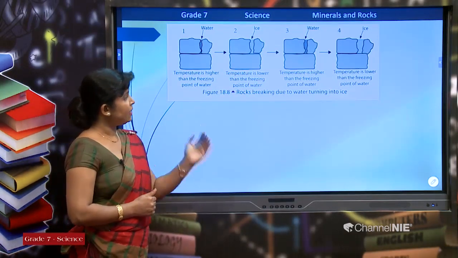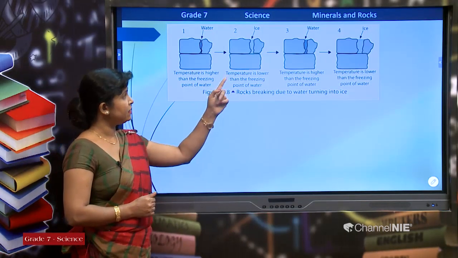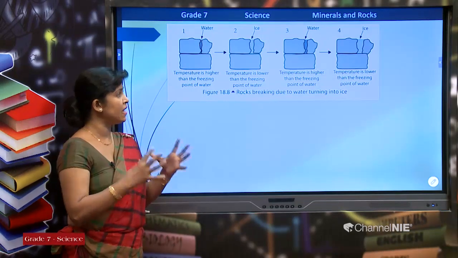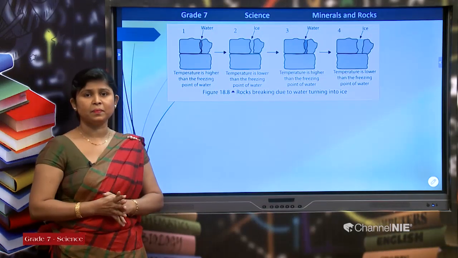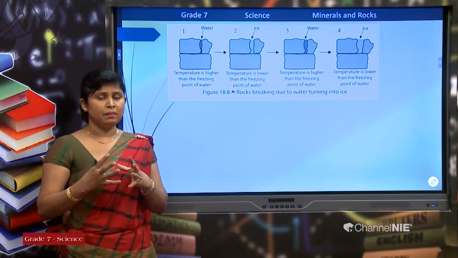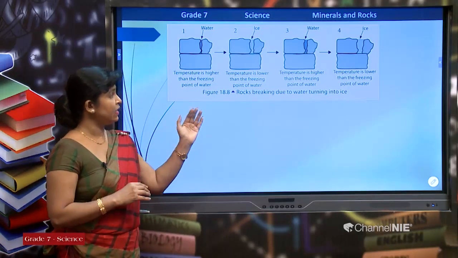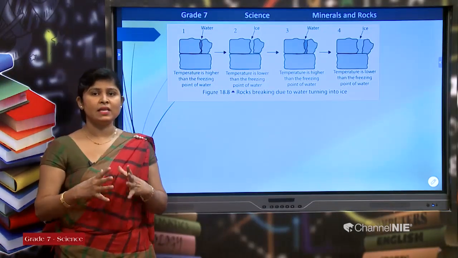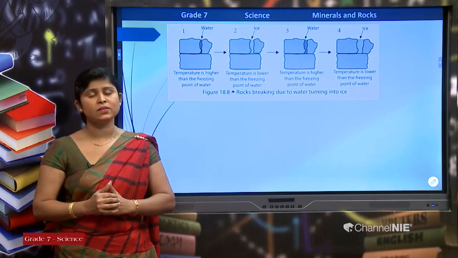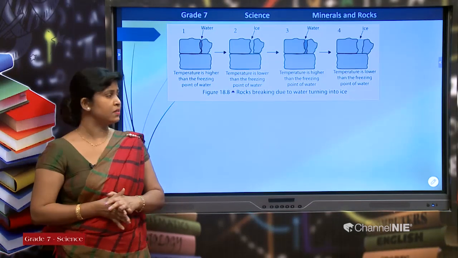Then again the temperature is lower than the freezing point. What has happened? The water inside the cavity has become ice, then the size of the cavity has increased. The cavity has increased its size just because of these state changes of water. This also results in the weathering of rocks, right.